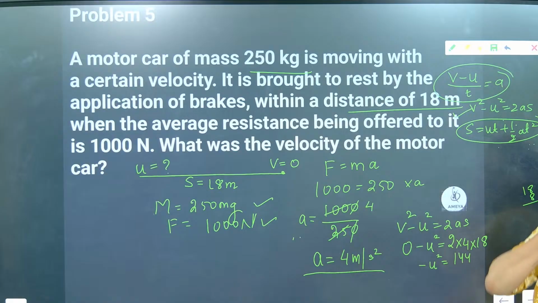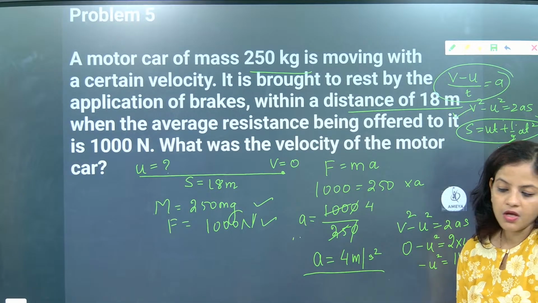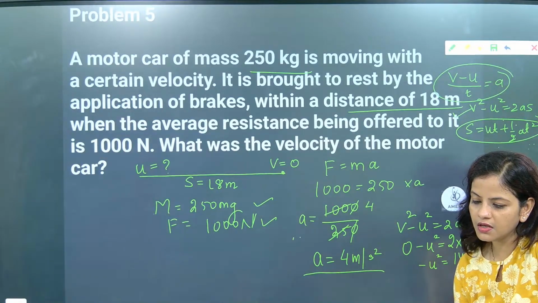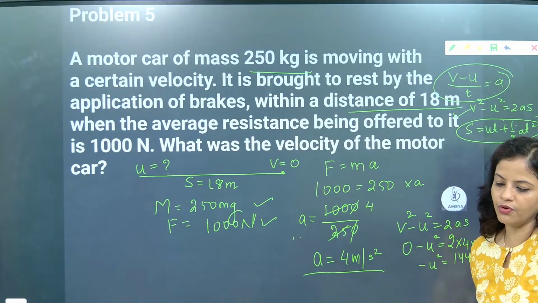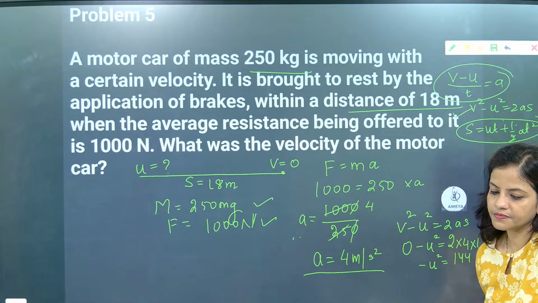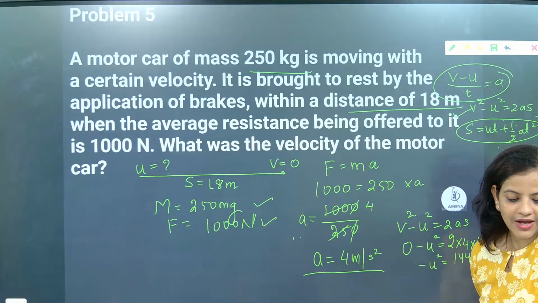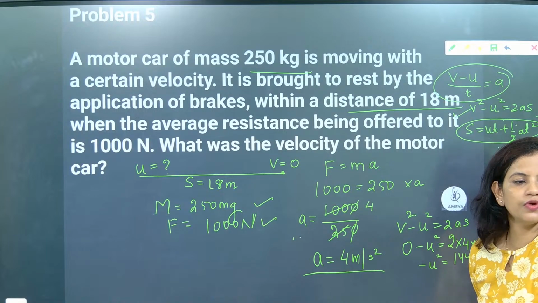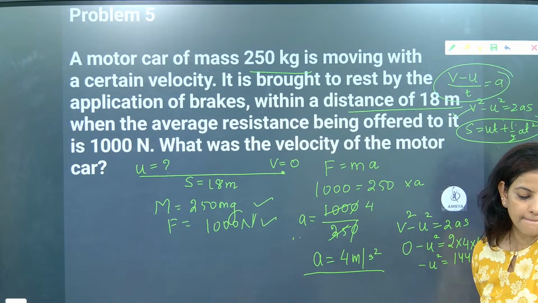Minus u square is minus 144. Understood?